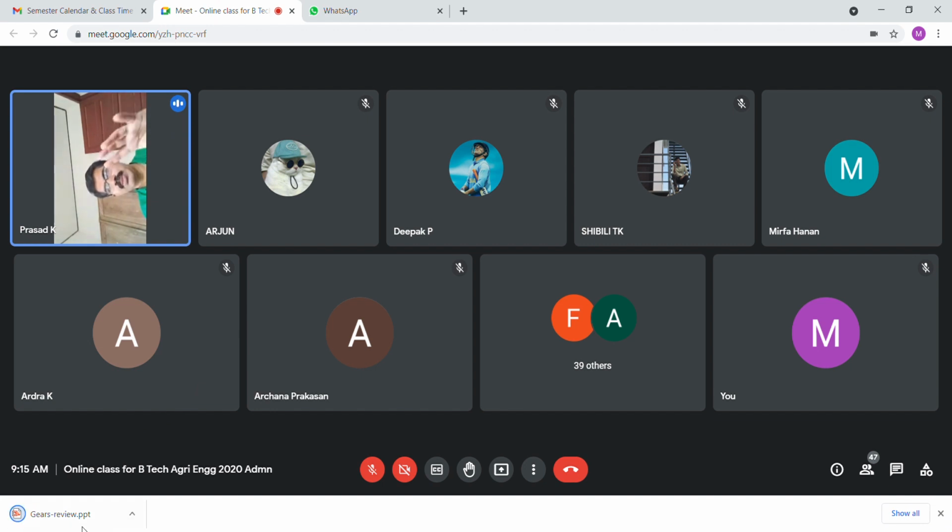Initially we have neutral gear, that means no gear, and then when the vehicle starts, it goes from neutral to first gear and second gear, like that. That means the speed is varying.